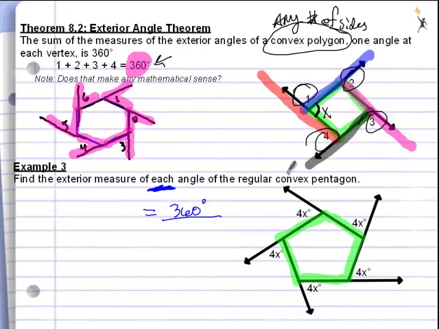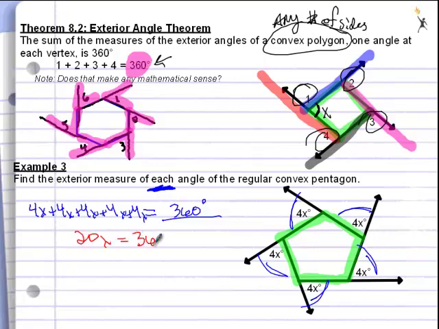Well, now what we can say is this angle plus this angle plus this angle plus this angle plus this angle equals 360. So I can say 4x plus 4x plus 4x plus 4x plus 4x equals 360. There are 5 of them. Well, when you add 5 4x's, you get 20x equals 360. Divide both sides by 20.